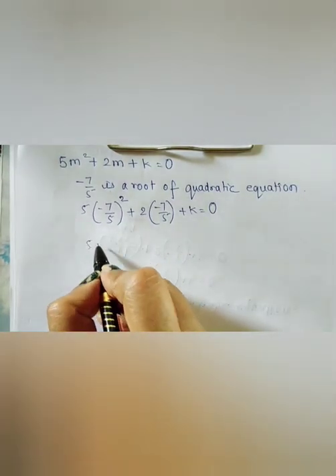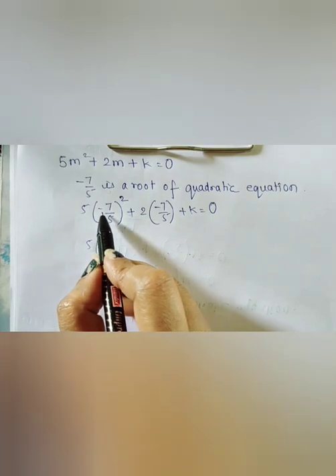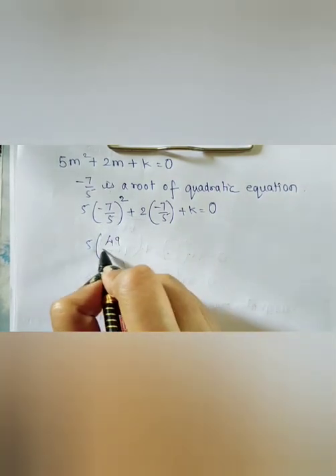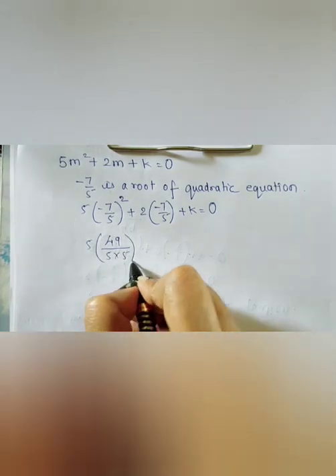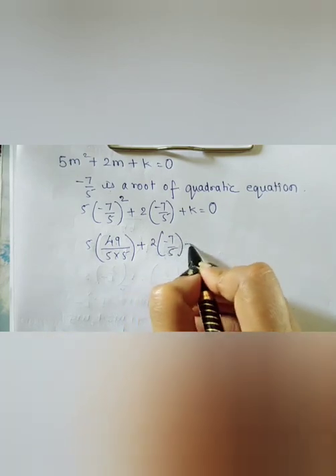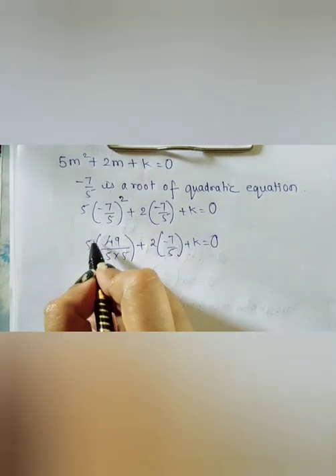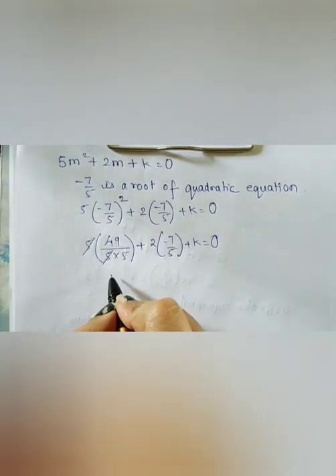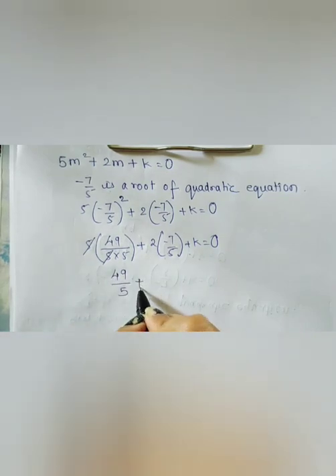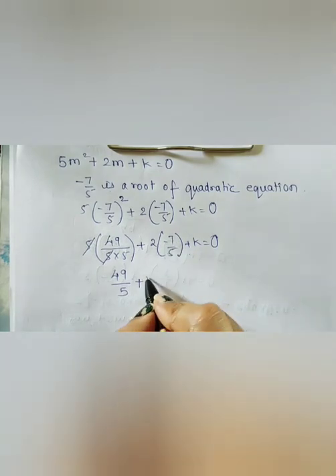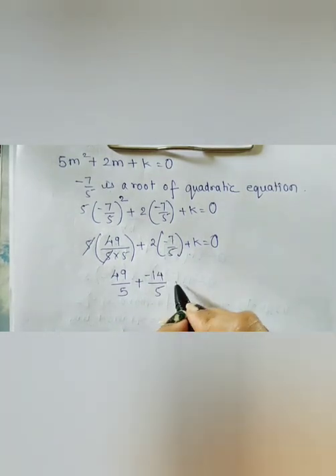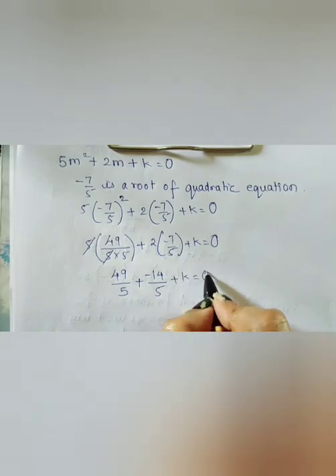Now next step, the square is given, so minus minus will become plus. 7 7s are 49. I'm going to write 5 2 times, plus, as it is this step we are going to write. Next the 5 will get cancelled. Now 49 upon 5 plus 2 7s are 14, minus 14 upon 5 plus k equal to 0.